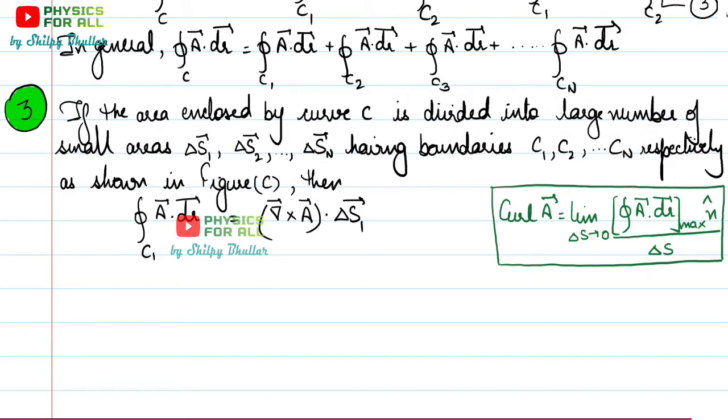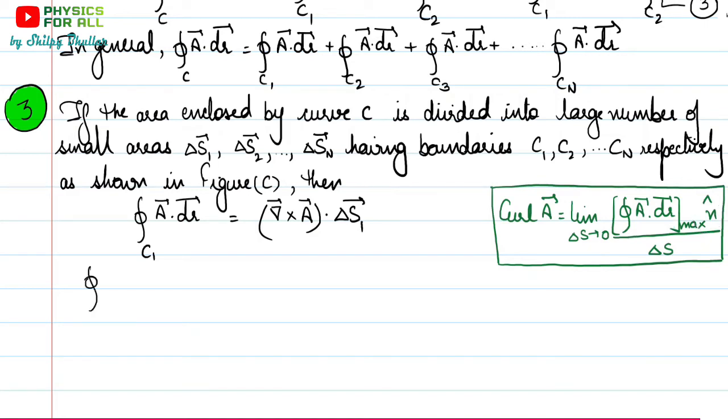That's the reason that here this is the A dot dr portion and this has been multiplied. So it's curl of A, represented by del cross A, dot delta S1. Here this is simply a magnitude per unit area, but this n cap is also there, so that's why it's dot delta S1, because this delta S1 vector includes both n cap and delta S.